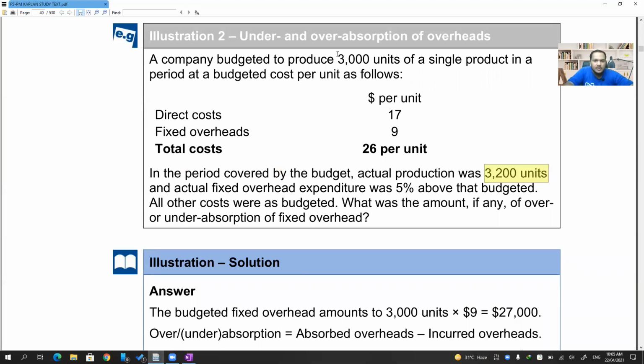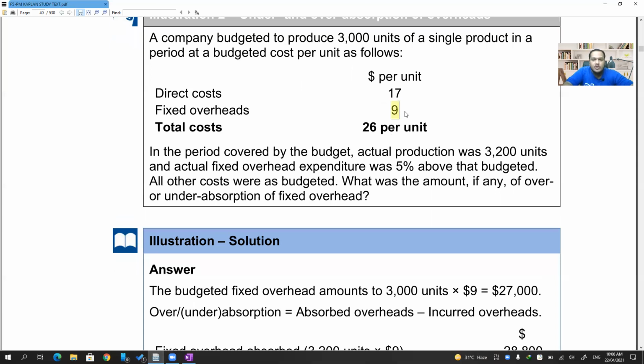We budgeted for 3,000 units, $27,000, but actually produced 3,200. So what will be the absorbed overheads? Every time we produce a unit, we absorb $9. So 3,200 into 9: 27,000 plus 1,800, 28,800, right?